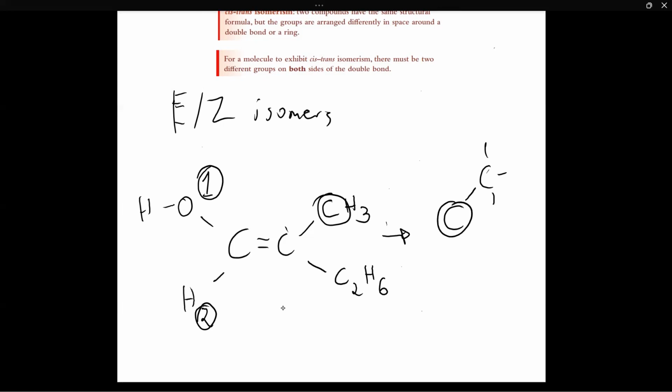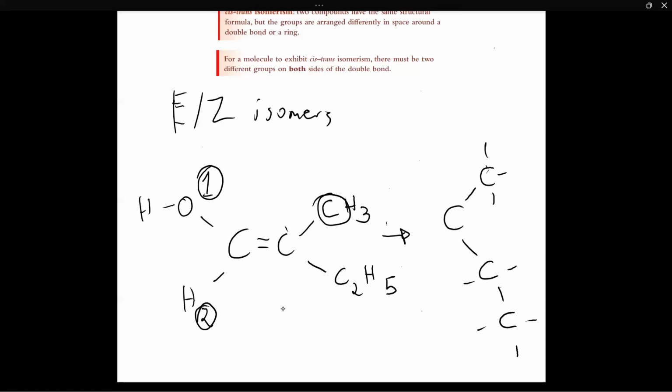This carbon is attached to a CH3. Oops, sorry. And then this carbon is attached to another carbon, which then is attached to another carbon. Oh, oops, sorry, my apologies. Actually, CH2.